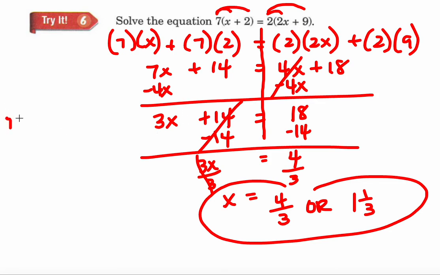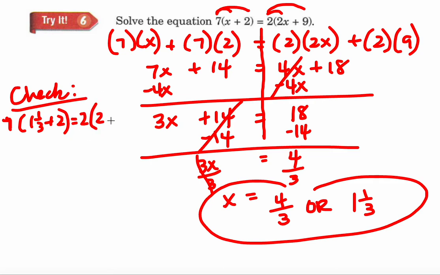Okay, check that. 7 times x plus 2, let's do 1 1/3 plus 2, should equal 2 times 2 times 4 thirds plus 9. So this is 7 times 3 1/3.